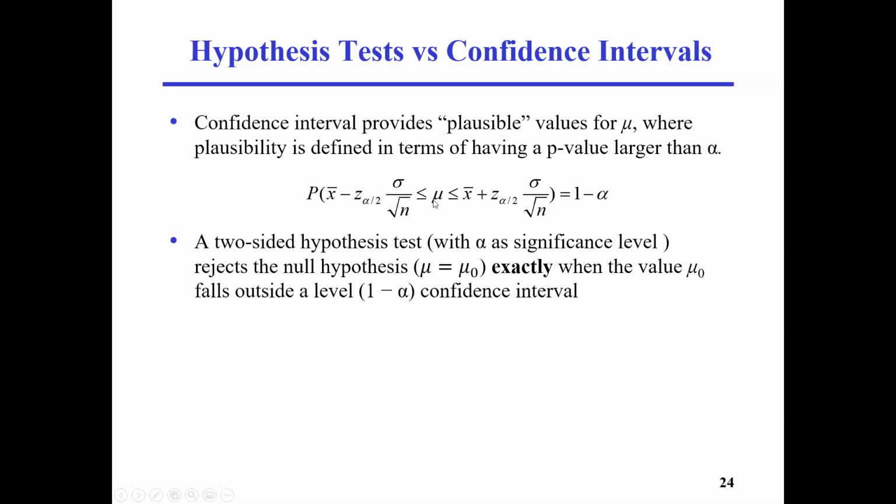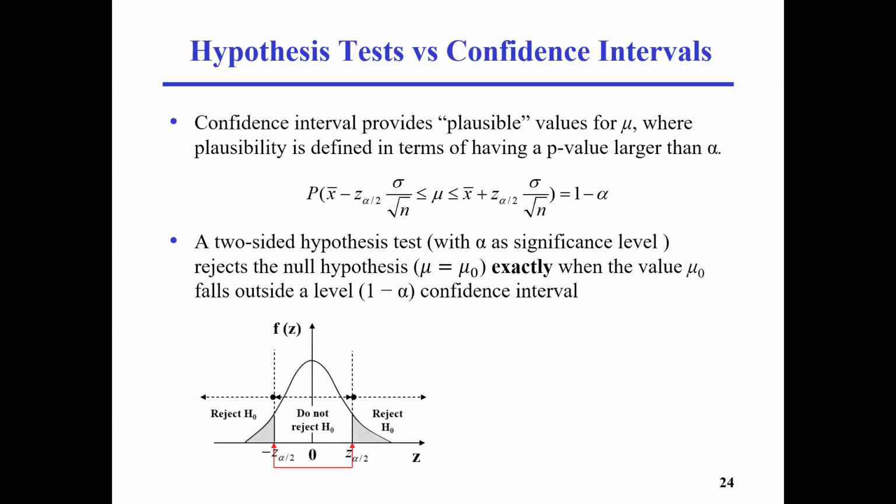So mu should be within this interval, with a confidence level of 90%. But if your actual mu0 is outside this 90% confidence interval, then the null hypothesis should be rejected. So that's the connection between the confidence interval and the two-sided hypothesis test.